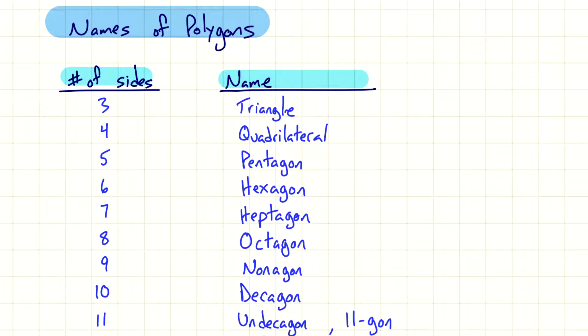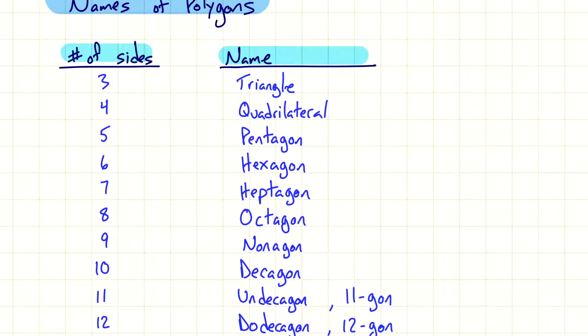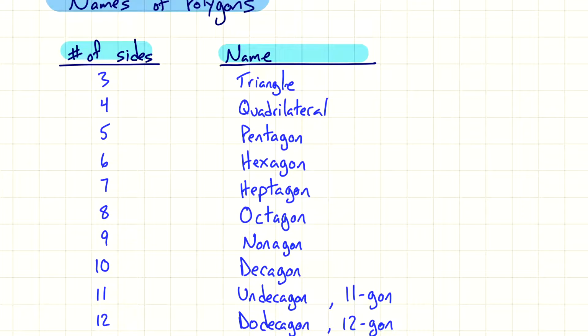That's something you should be familiar with. Usually the names up to 10 are the ones you need to know. Beyond that, I don't want to say optional, but it's not common that you might see an 11-sided shape.